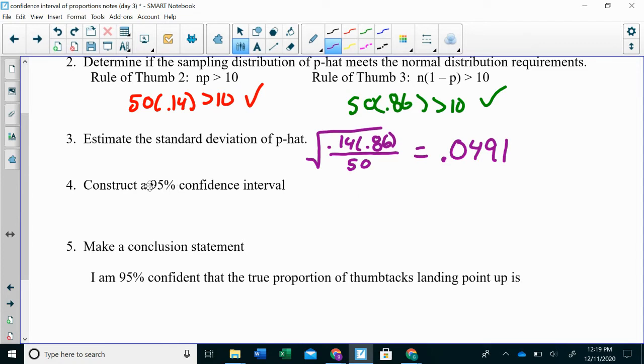So to create that 95% confidence interval, we'll start with 0.14 and then add or subtract 2 times that standard deviation of 0.0491.